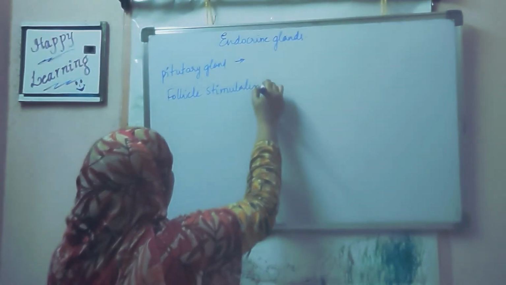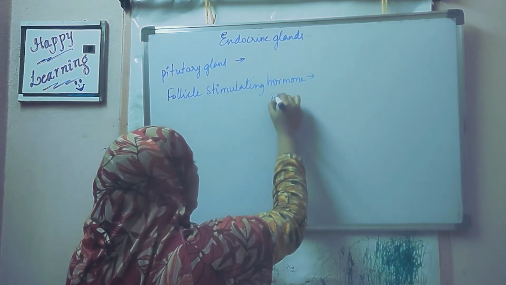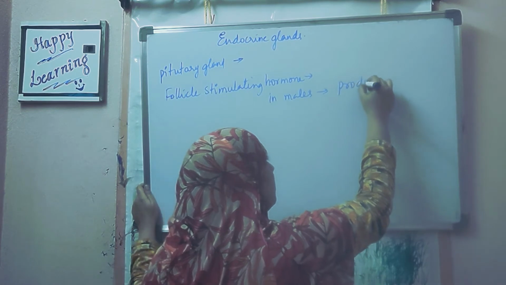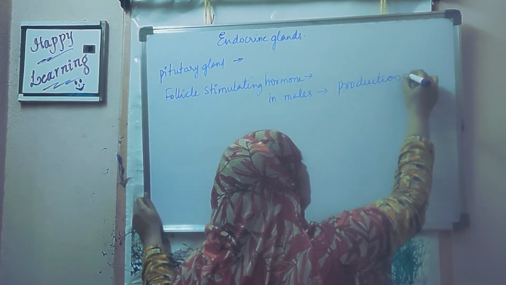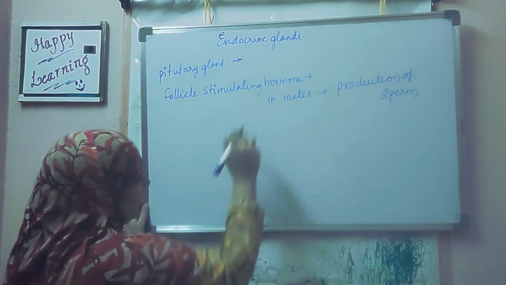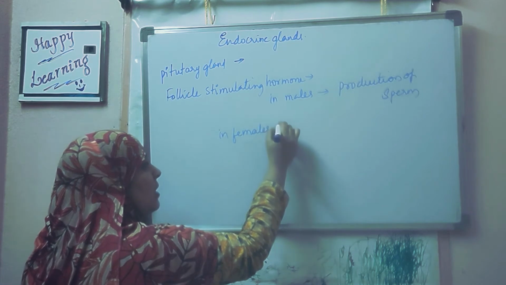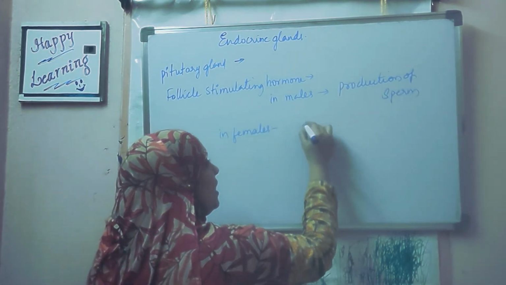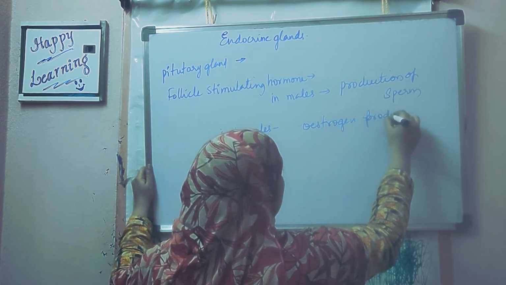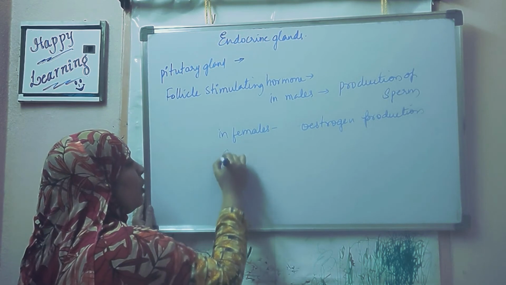This hormone, in males, controls production of sperms. Production of sperm is under control of this follicle stimulating hormone. In female, another hormone called estrogen. Estrogen production is under control of this follicle stimulating hormone.